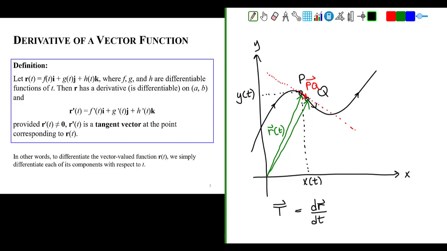And this tangent vector, you could also equivalently call the velocity of our curve. In short, a vector tangent to a curve at a particular point is equal to the derivative of our vector function evaluated at that point.